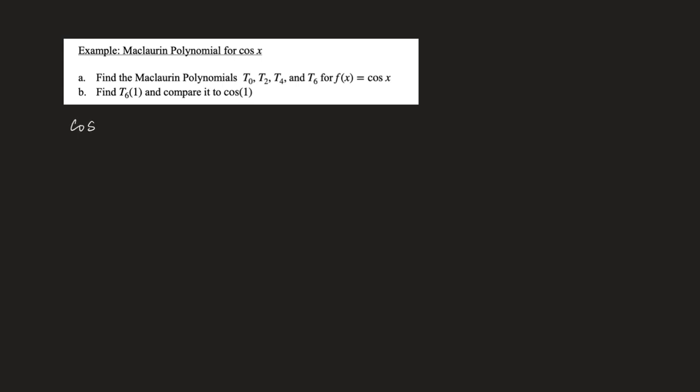So cosine x looks like this: 1 minus 1 over 2 factorial x squared, plus 1 over 4 factorial x to the fourth, minus 1 over 6 factorial x to the sixth power, plus 1 over 8 factorial x to the eighth, and so on, with general term negative 1 to the n times 1 over 2n factorial x to the 2n. I was wrong about the power, guys. That's the Maclaurin series for cosine x.